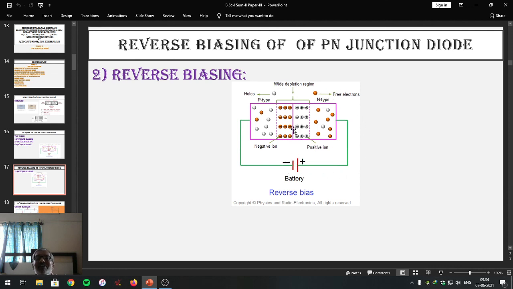Due to this, it will exert force on the depletion layer so that the width of depletion layer is increased. In forward junction, width of depletion layer decreases. In reverse bias, width of depletion layer increases. So all these aspects are represented in this particular reverse biasing of p-n junction diode.